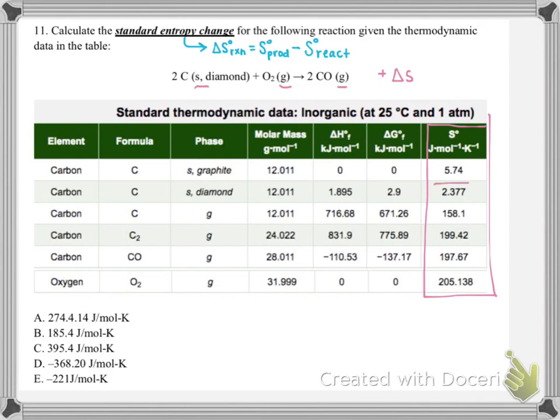So we know we need diamond. So that's the value for diamond. We know we need oxygen gas. That's here. And then we need carbon monoxide, which is this value. All the other values we don't care about.